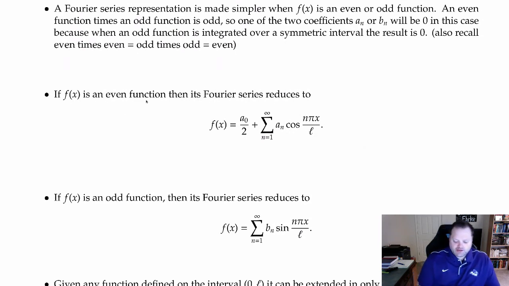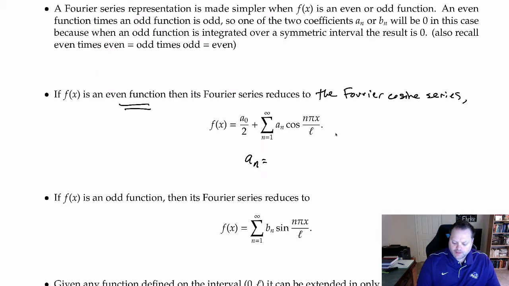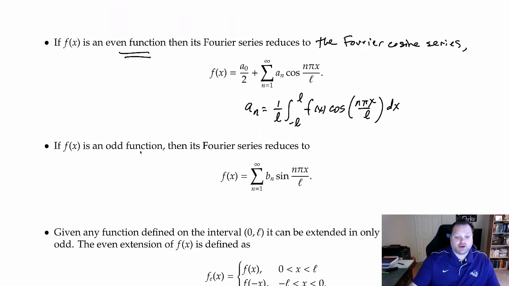So if a function is even, then its Fourier series reduces to the Fourier cosine series. And the Fourier cosine series is shown here below. And this is where a_n is 1 over L, the integral from minus L to L of f of x cosine of n pi x over L. And if the function is an odd function, then its Fourier series reduces to the Fourier sine series.